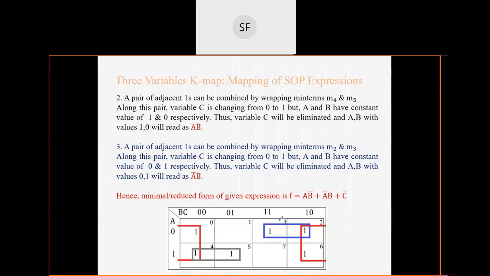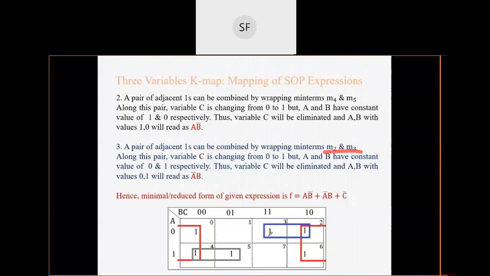Similarly, for this blue pairing we have done a pair of adjacent ones, combined by wrapping minterms M2 and M3. Again, these two cells we have shown as a combination by a blue rectangle.